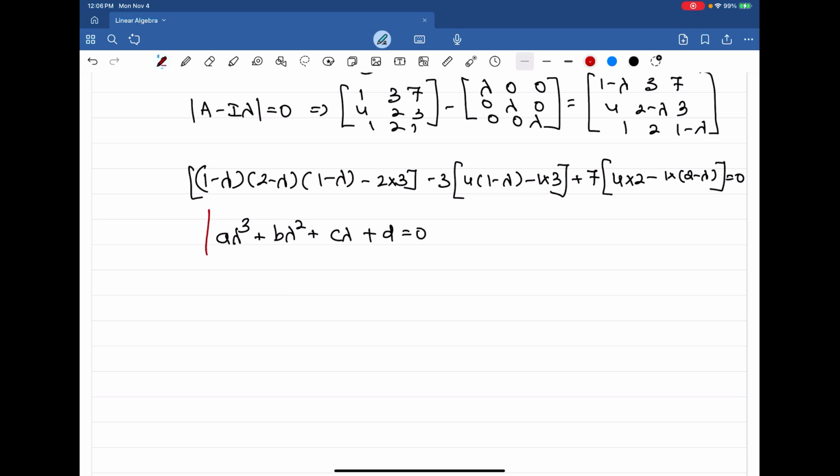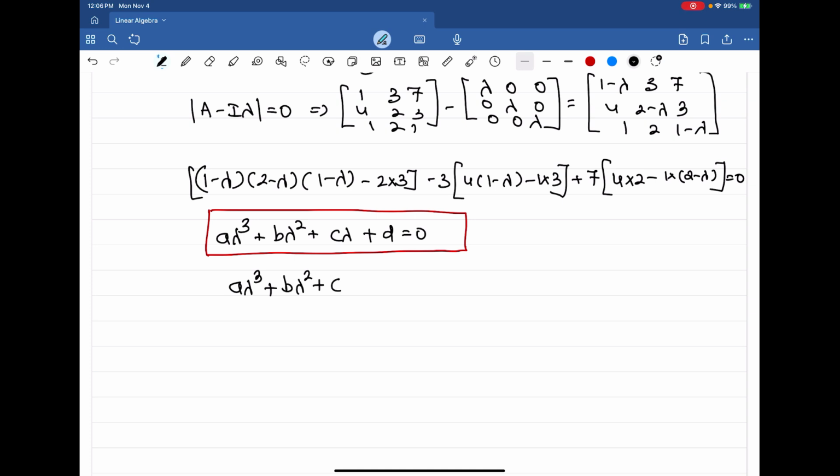In this form you will get the equation. This is what is called as the characteristic equation. This we can even write as a lambda cube plus b lambda square plus c lambda is equal to minus d.